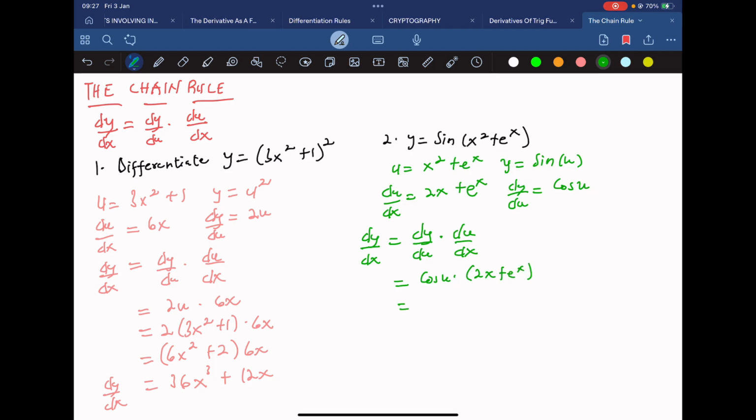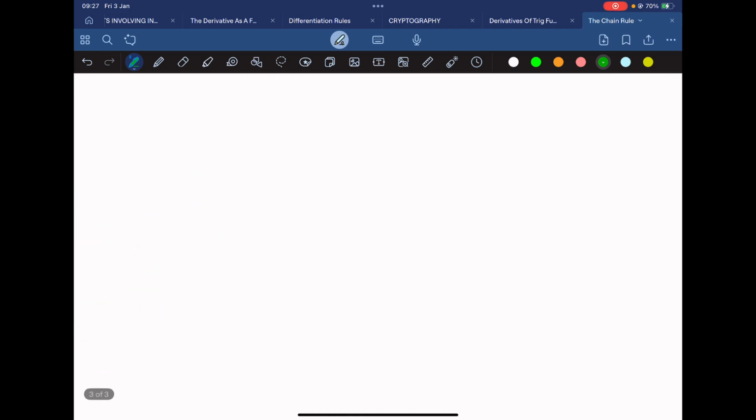So we can have cos(x² + eˣ), where u is x² + eˣ, multiplying (2x + eˣ). So that is dy/dx. I hope this is also clear enough. Let's quickly move on to a third question.